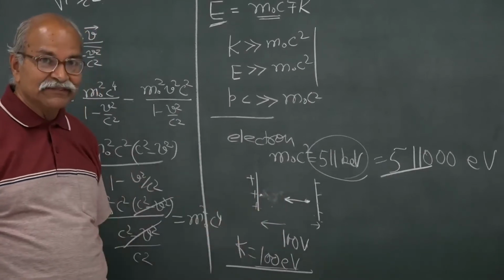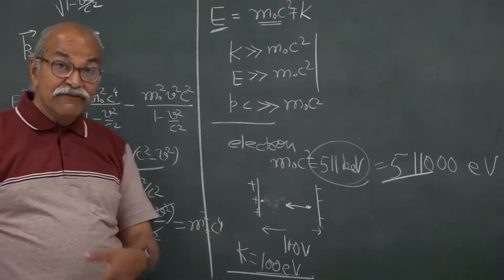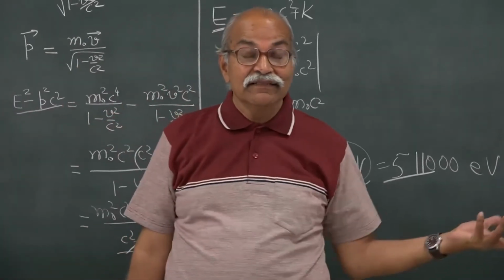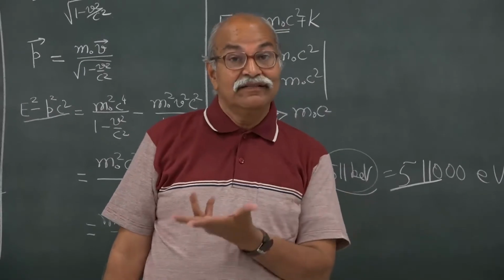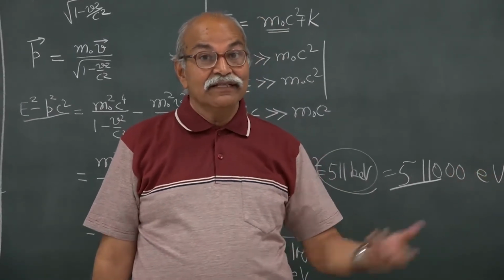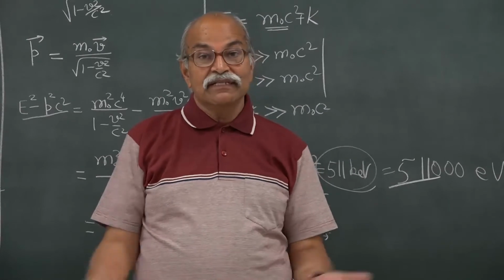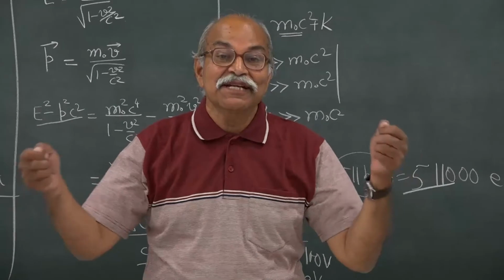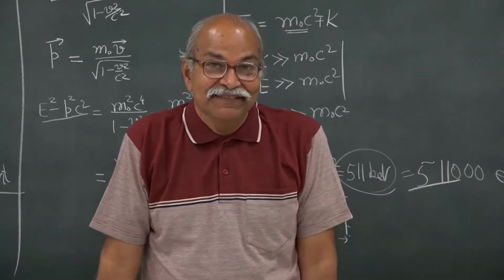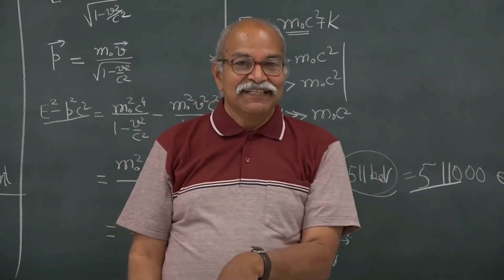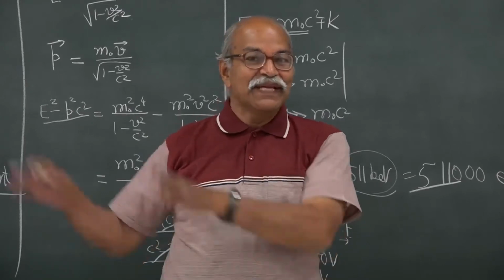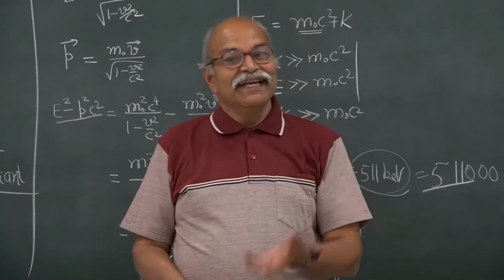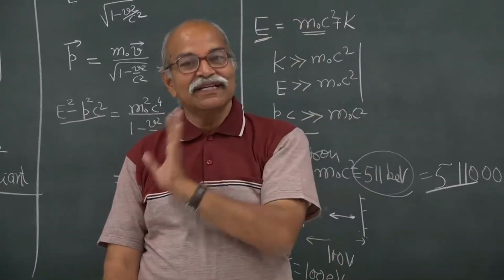But then if you are accelerating an electron in a linear accelerator, let us say with 1 megavolt of potential difference, which is a very small energy if I am talking in terms of the accelerator laboratories. 1 mega electron volt energy in any accelerator laboratory is a very small energy range.